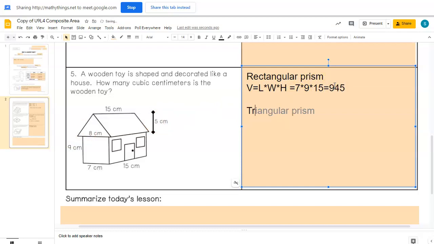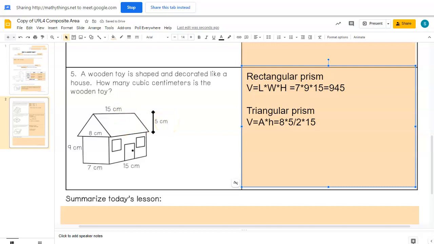Then we've got our triangular prism. So our volume equals the area of our triangle times how far we go in the opposite direction. So our triangle is 8 times 5 divided by 2, which is 20. And then times how far we stretch in the other direction, which is 15.